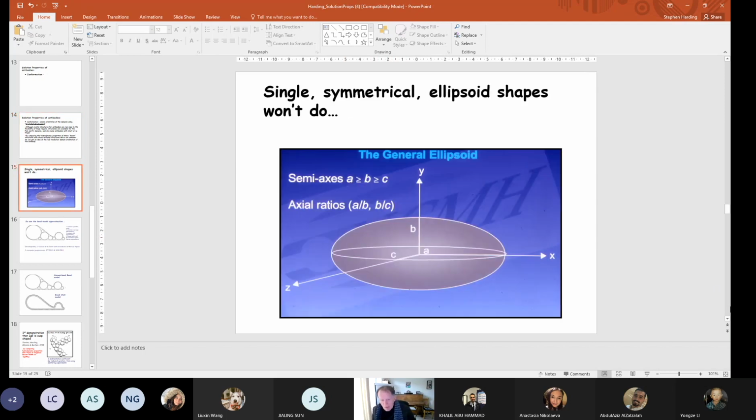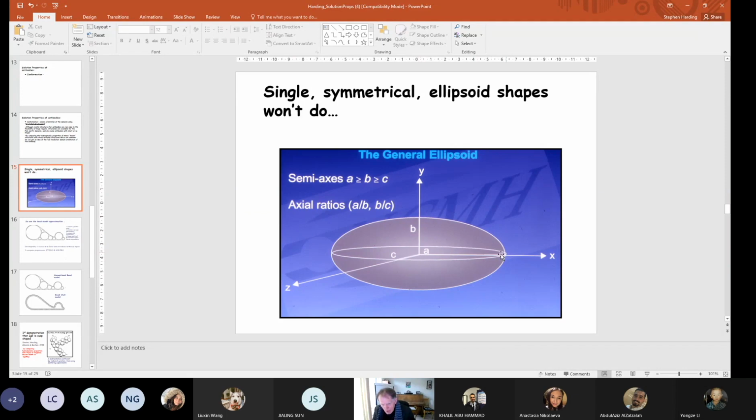Right, now when we're representing conformations of proteins in solution, we can use simple shapes to represent the overall conformation, and these are called ellipsoids. An ellipsoid is like a three-dimensional ellipse or a squashed sphere, and this ellipsoid has three axes or semi-axes.